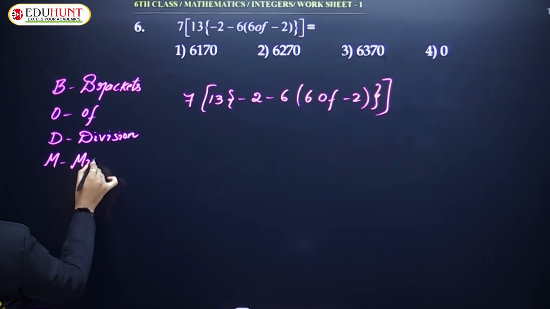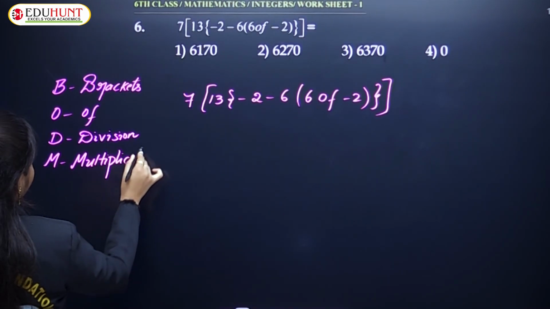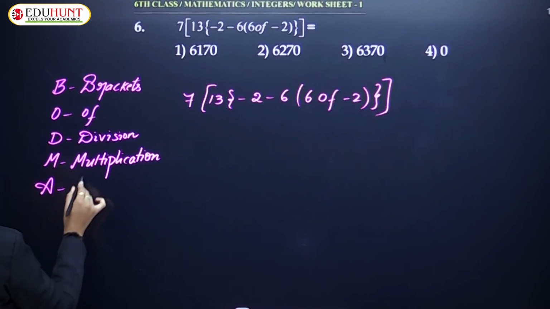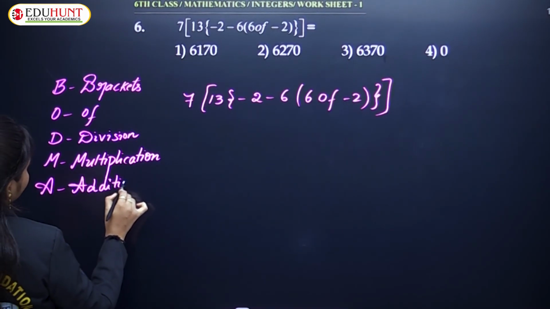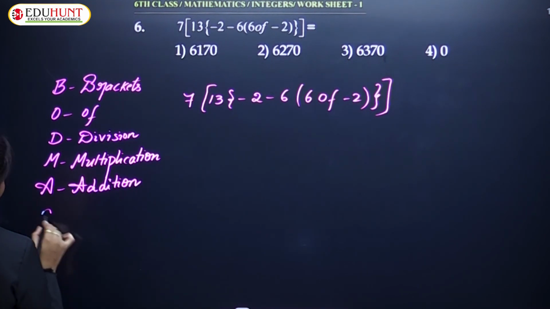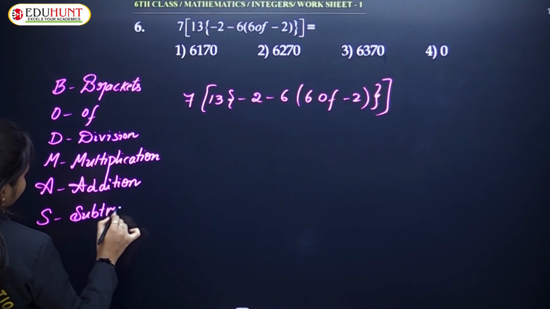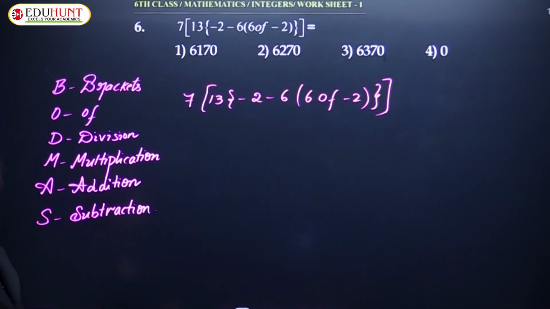M, multiplication. A, addition. S, subtraction. Okay, this is the BODMAS rule.